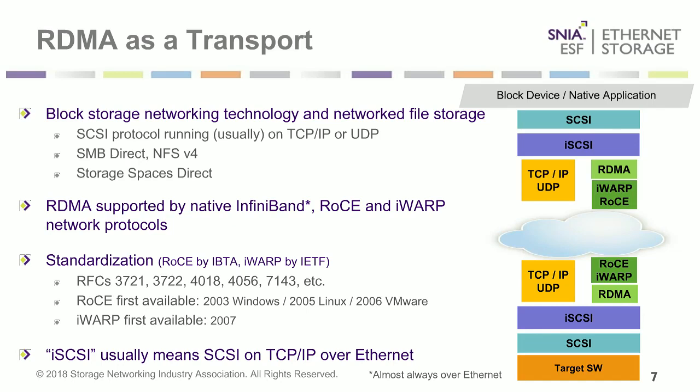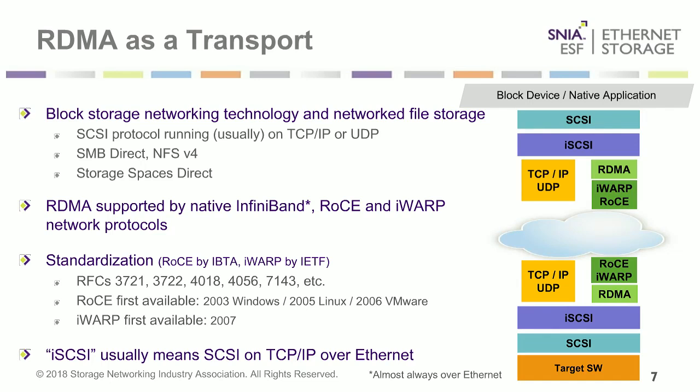And if you look at this stack, we see that if I want to transport a storage protocol over RoCE or iWARP over RDMA, first, on the left, SCSI would go over iSCSI, which then goes over TCP and IP, and then from the initiator to the target, and then back.